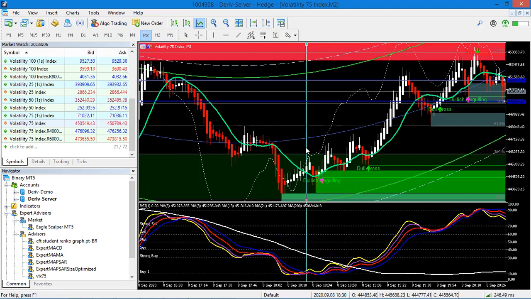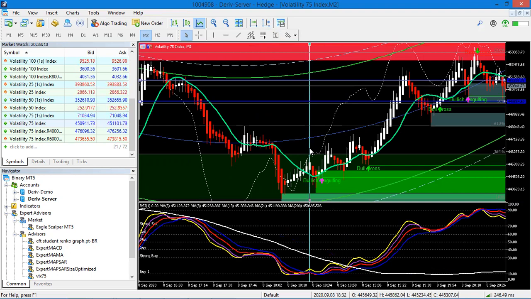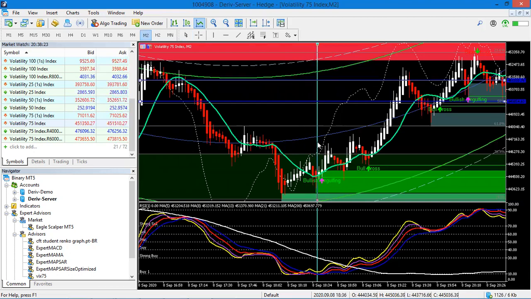When price now broke here, what you can wait for, when price on the 2 minutes is turning, if it doesn't pull back before it crosses, let's say it just crosses immediately, always wait a bit, because the pullback will happen. So after this pullback, you would enter here for a buy.